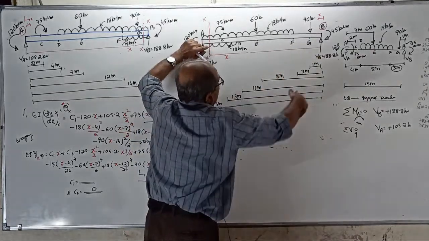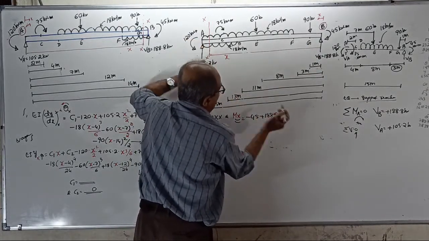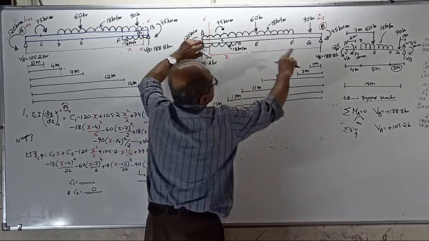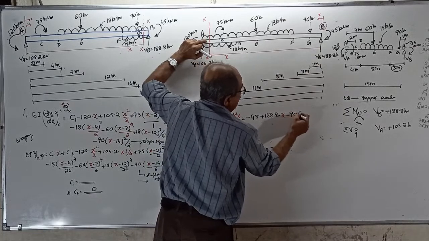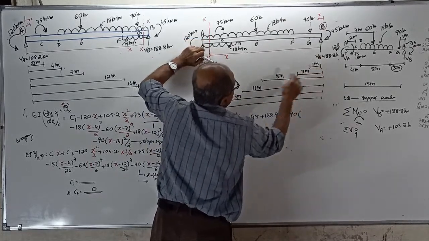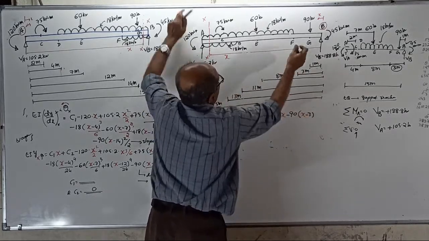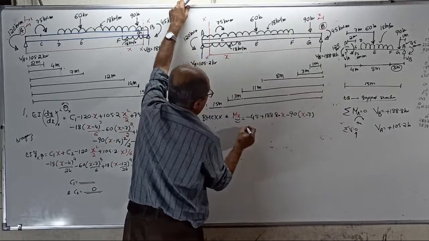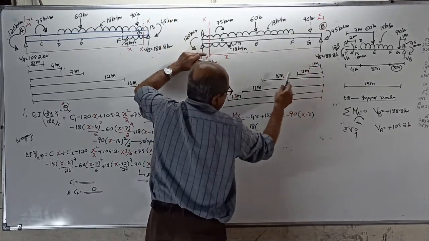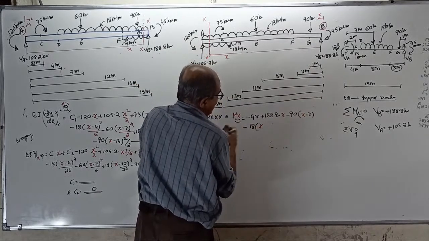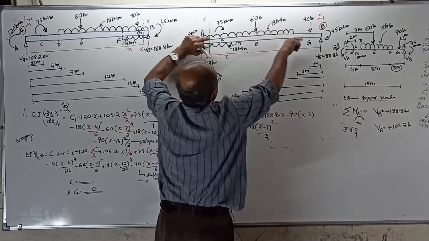So minus 45 plus 188.8 into x, minus, in correct order, minus 90 into x minus 1, then after 90 this UDL, minus 18 into x minus 3 into (x minus 3) by 2, that is (x minus 3) whole square by 2.